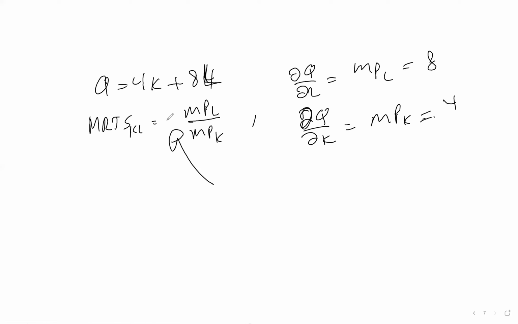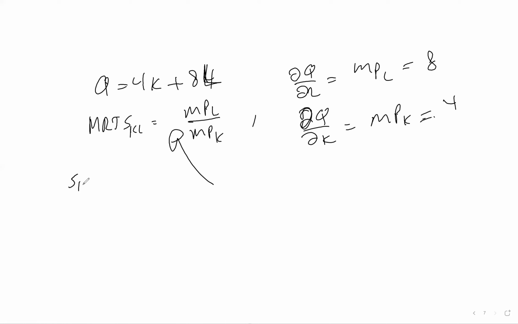So now, as I said before, this function has perfect substitutability between capital and labor. So this means that only one input will be utilized.